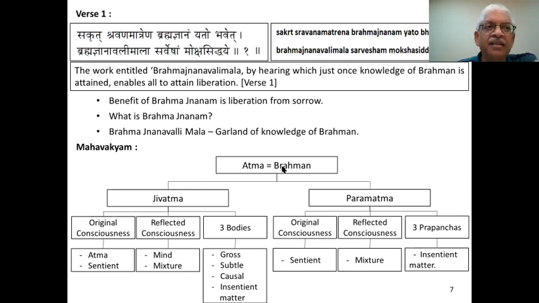And then, because of the study of scriptures, we come to realize that this thought which is getting reflected is nothing but a reflection of that consciousness which never dies, that consciousness which reflects in all my thoughts.